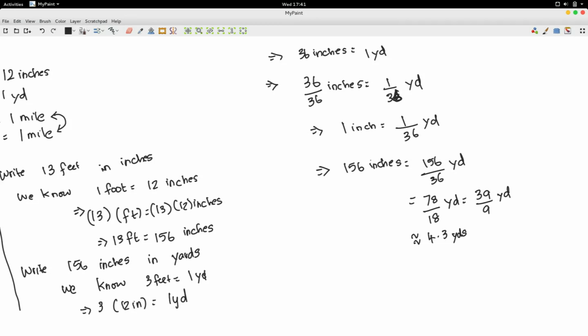So this sign right there implies an approximately equal to sign.